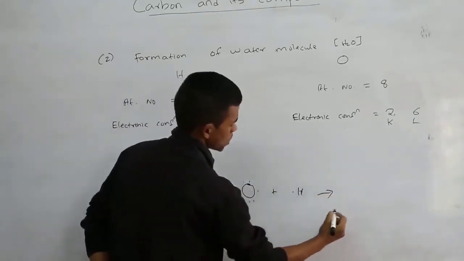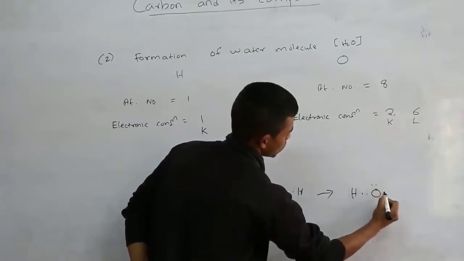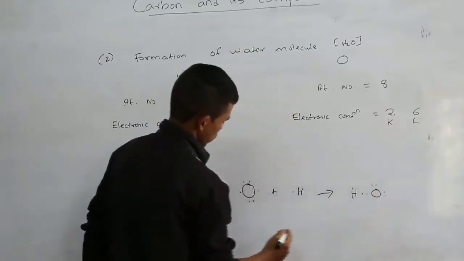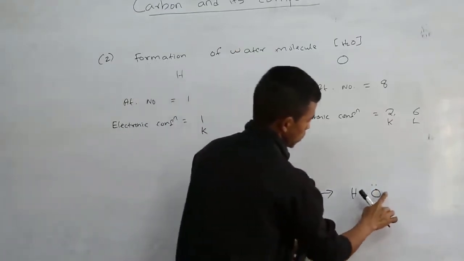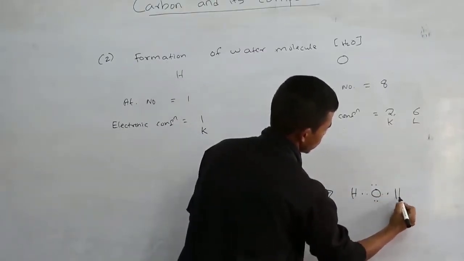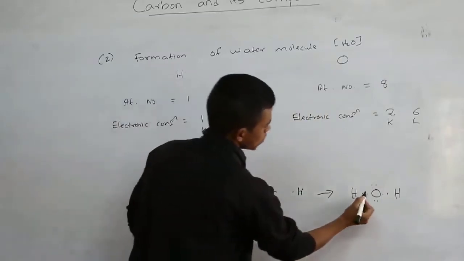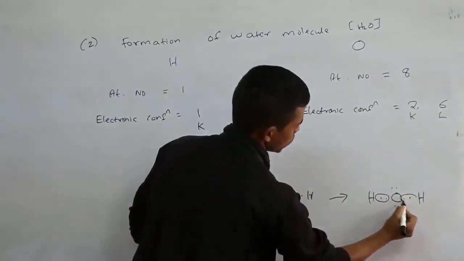So in this case, this will become 1, 2, 3, 4, 1, 2, 3, 4. See, this electron will be shared, so this will be shared like this one as well.